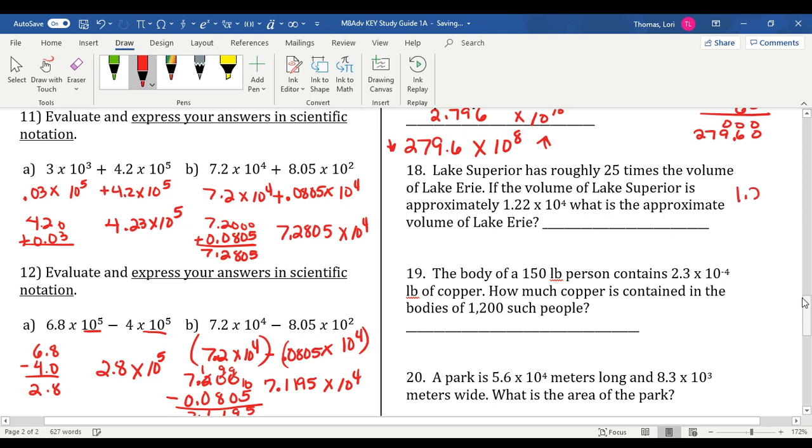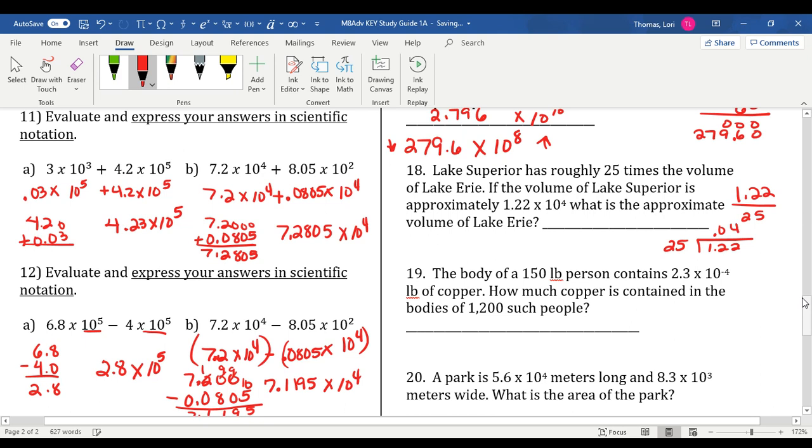Okay, so we're going to have 1.22 divided by 25. So let's divide 25 into it, and so we have our decimal there. So we're going to say 25. It can't go into 1 or 12.